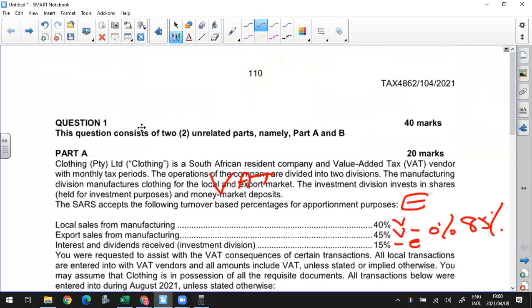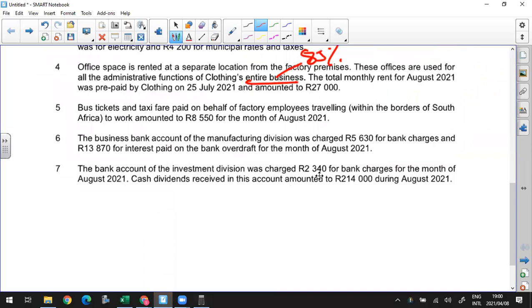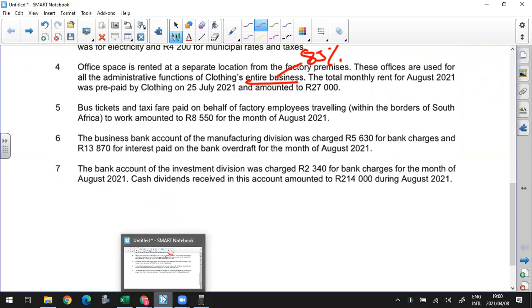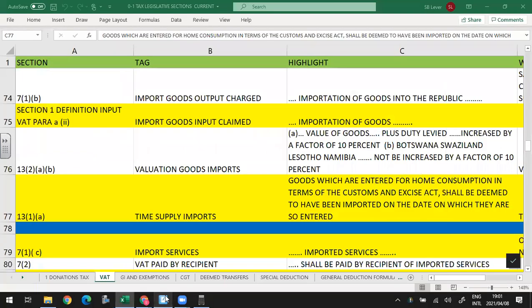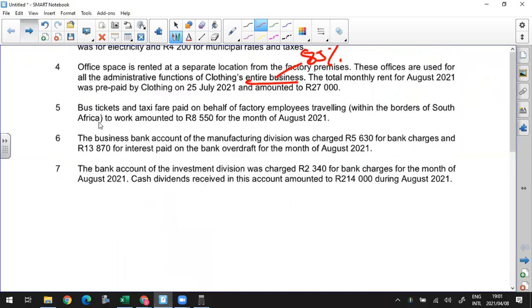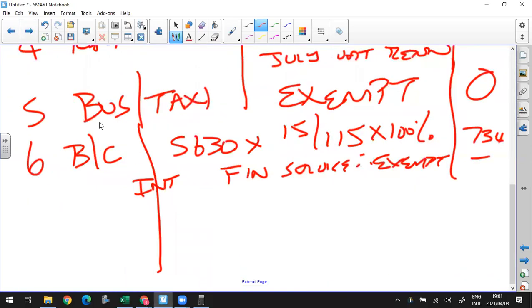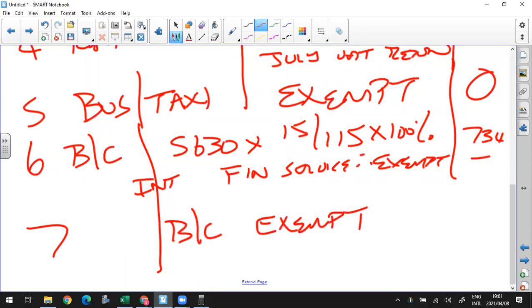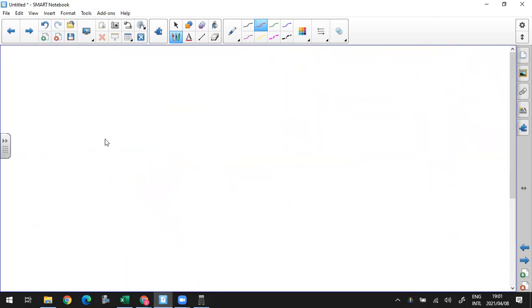Number 7 says the bank account of the investment division was charged 2,340 for bank charges during the month of August. Cash dividends received amounted to 214. So this is the investment division. Does it have any VAT? No. So number 7, bank charges, exempt, 0. And what they're also going to ask you to do is the output VAT.